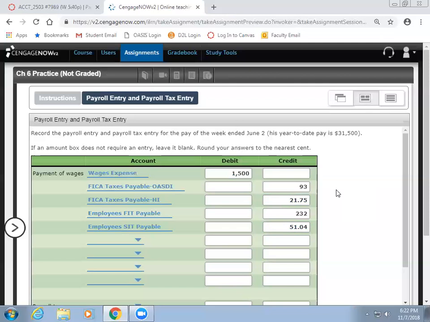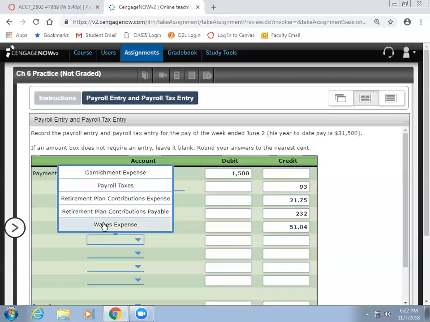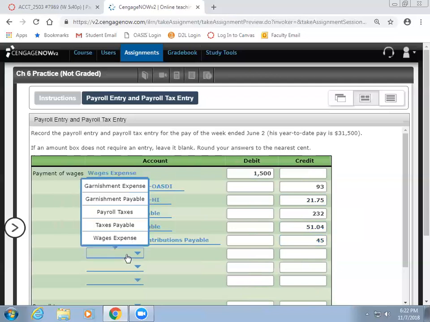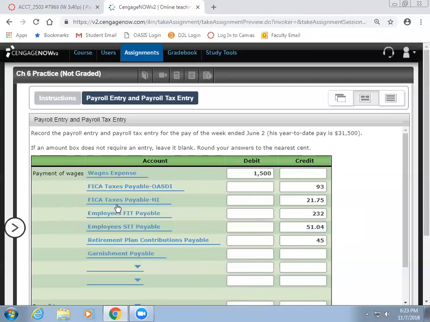His retirement plan contributions payable would come up next. That's his 401k. He elects to contribute 3% of his pay. So what did you get for that? $45, good. Then we have a garnishment, and they told us that was $100 for child support.